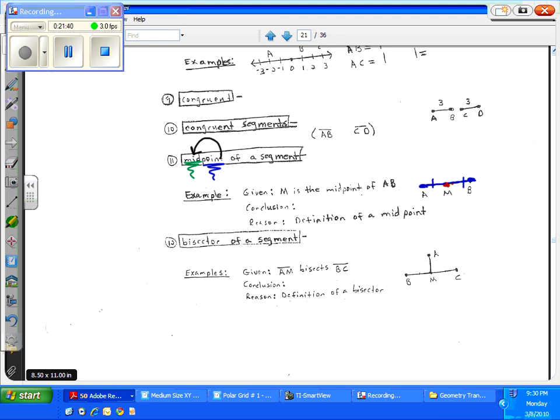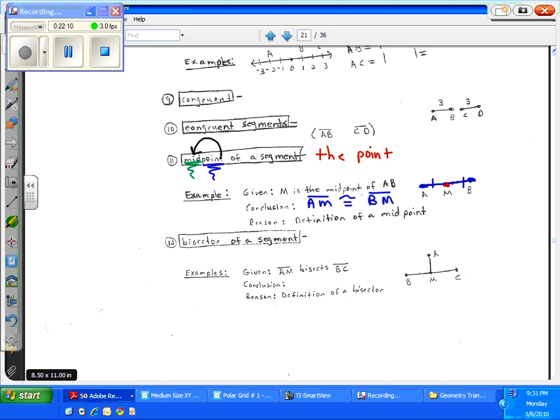It would be that point that divided that segment AB into two equal segments, segment AM and segment BM. And so the proper definition of a midpoint is that point that did what?